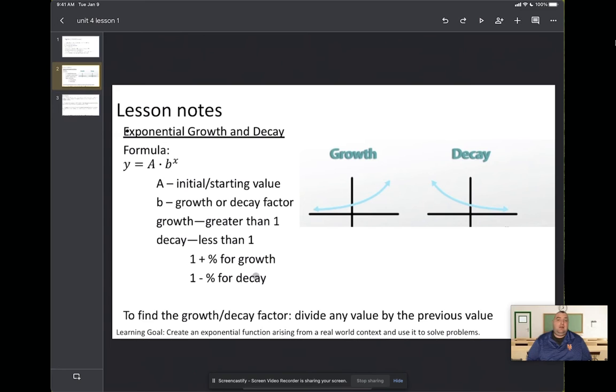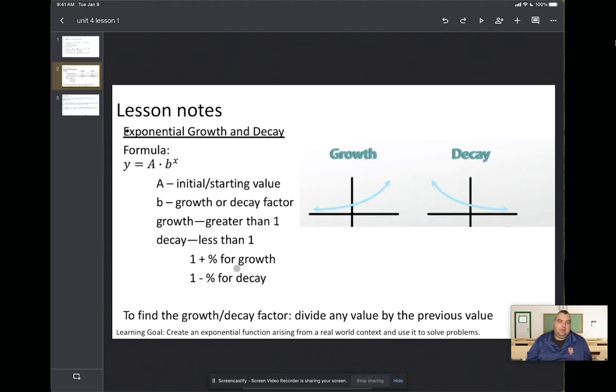Very often when we're talking about exponential growth and decay, we're talking about things going up or down by a percentage. If you're going up by a percentage, you find the growth factor by doing 1 plus the percentage.